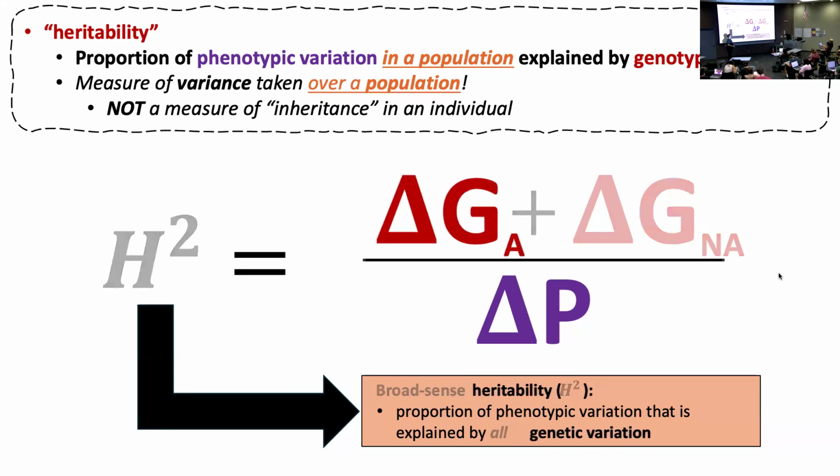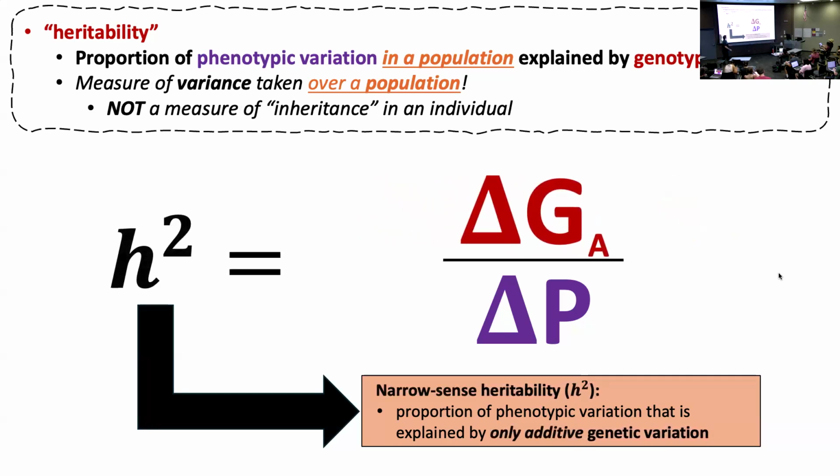But what breeders mainly focus on is so-called narrow sense heritability, or little h squared. This is just the additive genetic variation, the proportion of phenotypic variation that is explained by additive genetic effects for this trait. So when we talk about heritability, this is generally what we're talking about.